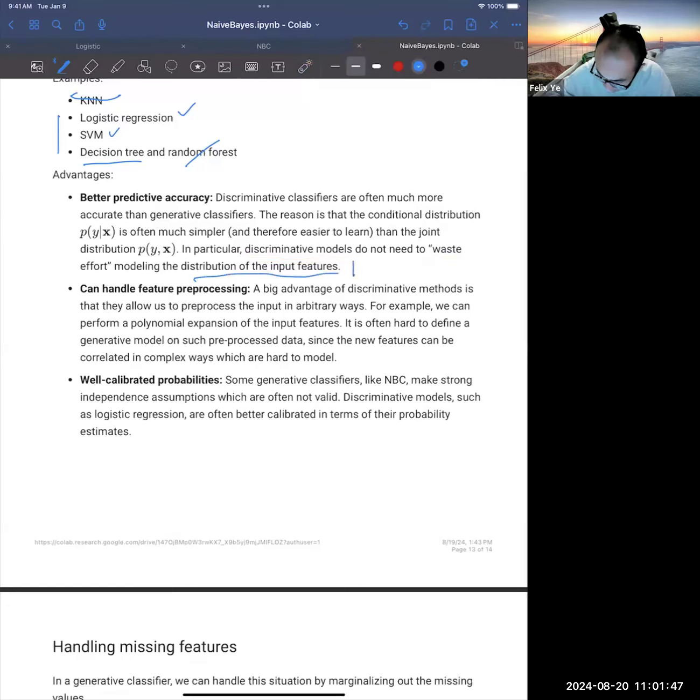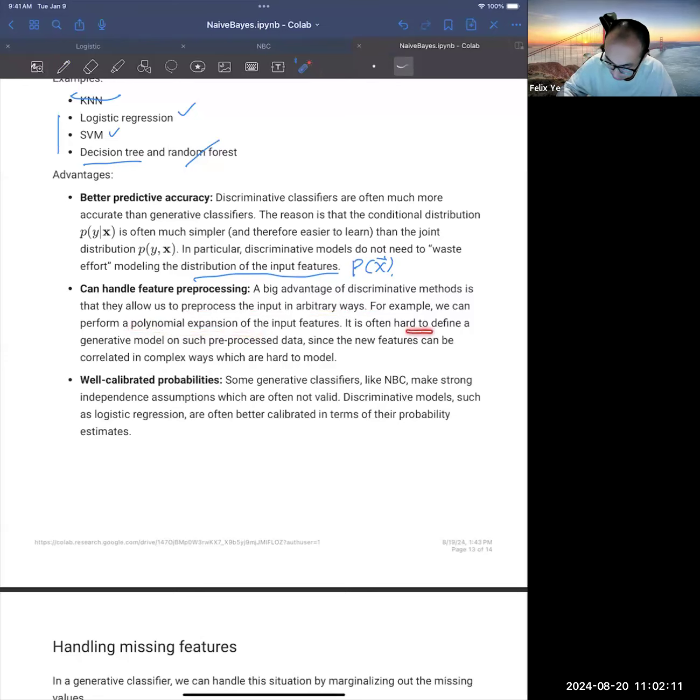The distribution of input features, this will be p(x). Another big advantage is this can allow us to pre-process the input in arbitrary ways. That means we can perform polynomial expansion of the features.